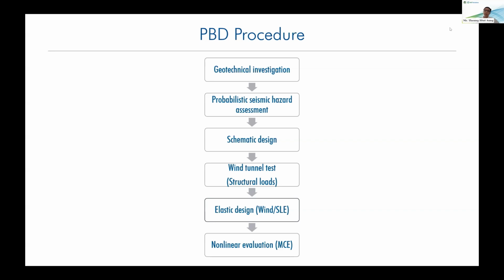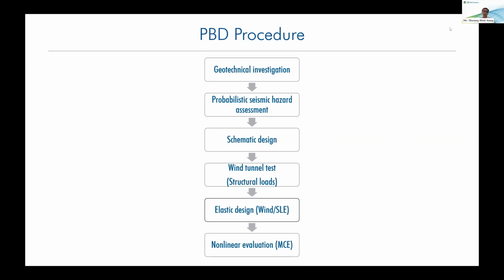After they define the preliminary member sizes, they provide the model and analysis results to wind tunnel consultants to carry out the structural load tests. After getting the wind results, the structural engineer will carry out the wind and service level earthquake design, which is elastic design, because we want the building to remain elastic under those loadings.